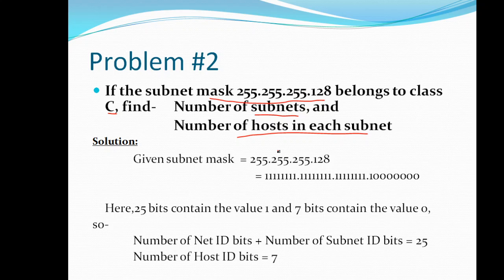In this case, take the given subnet mask. We know that it belongs to class C. For class C, the first three octets represent the network ID part, and the remaining octet represents the host ID part. In the subnet mask, the ones represent the network ID and subnet ID. So here one is there.